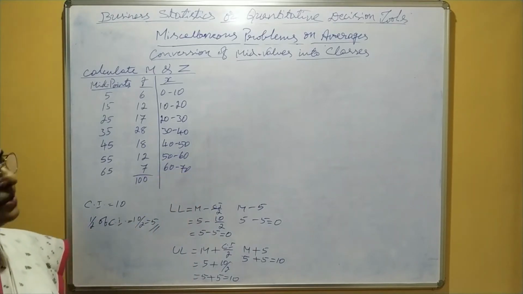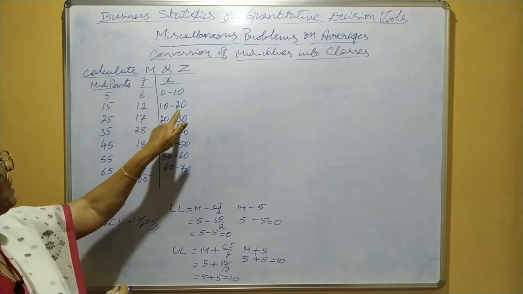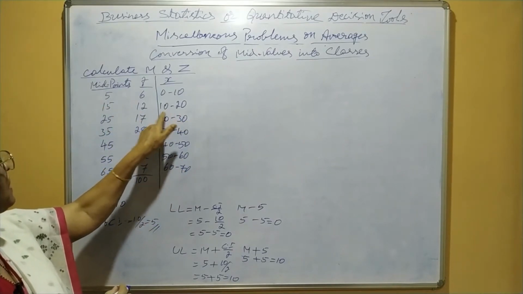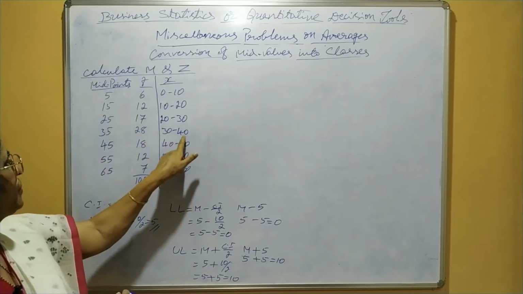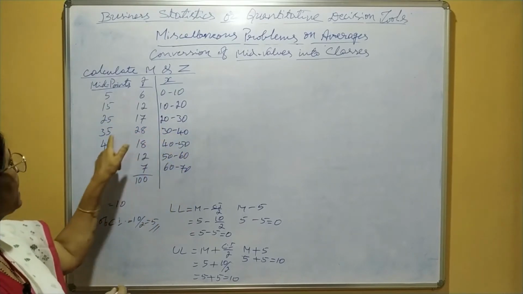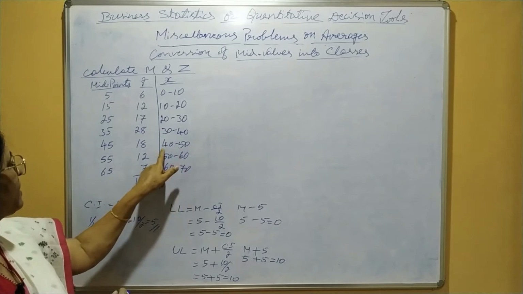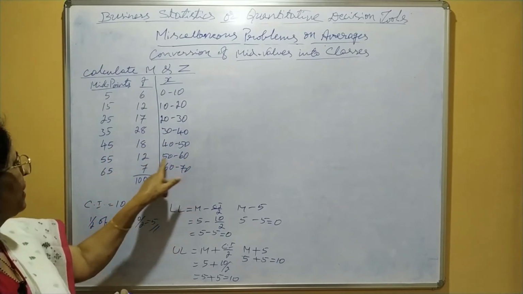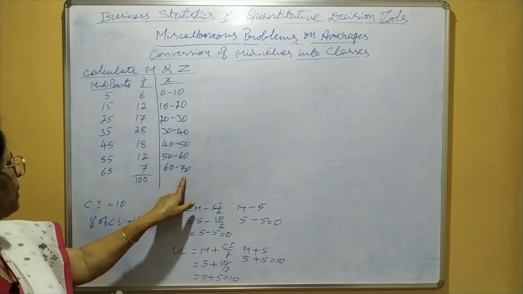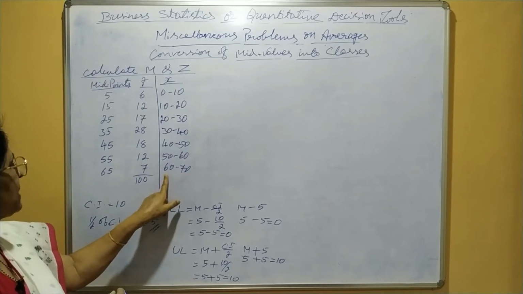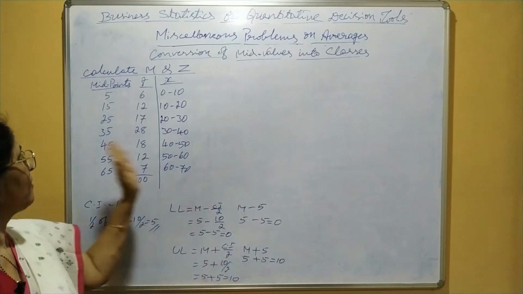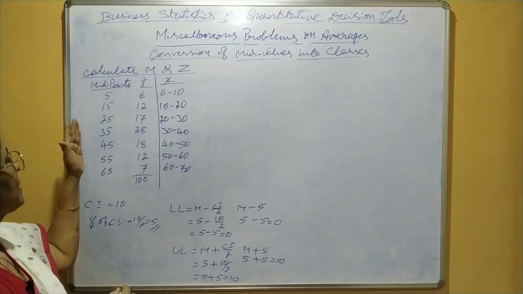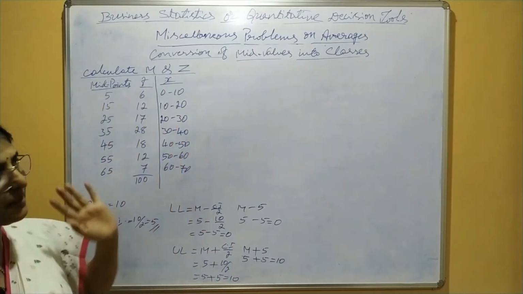For a cross check, take the mid values: 20 plus 10, 30 divided by 2; 30 plus 20, 50 divided by 2; 40 plus 30, 70 divided by 2; 50 plus 40, 90 divided by 2; 110 divided by 2; 70 plus 60, 130 divided by 2, which is 65. Now we have converted midpoints or mid values into classes.